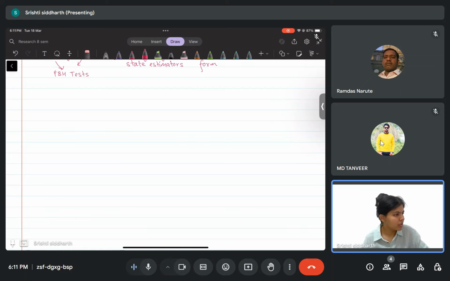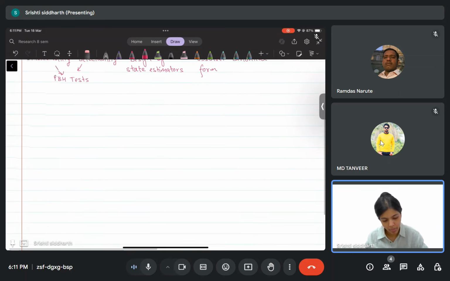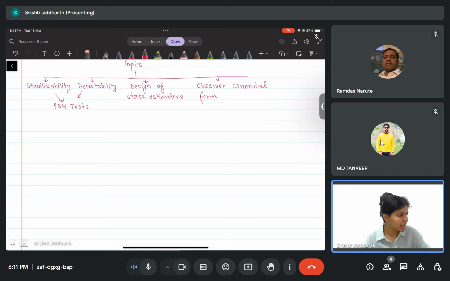Let's start with the question, and then we recall the definitions of the statements of the previous tests for stabilizability and detectability. So let's begin.